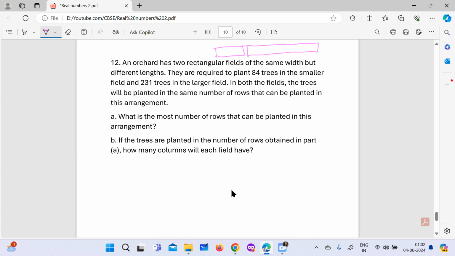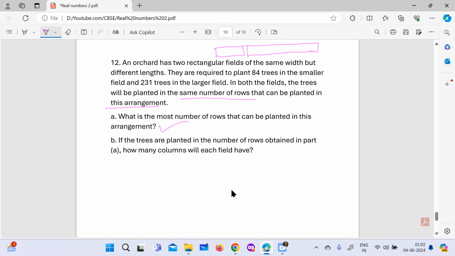In both the fields, the trees will be planted in the same number of rows. What is the most number of rows that can be planted in this arrangement? If the trees are planted in the number of rows obtained in part A, how many columns will each field have? So this is very simple.